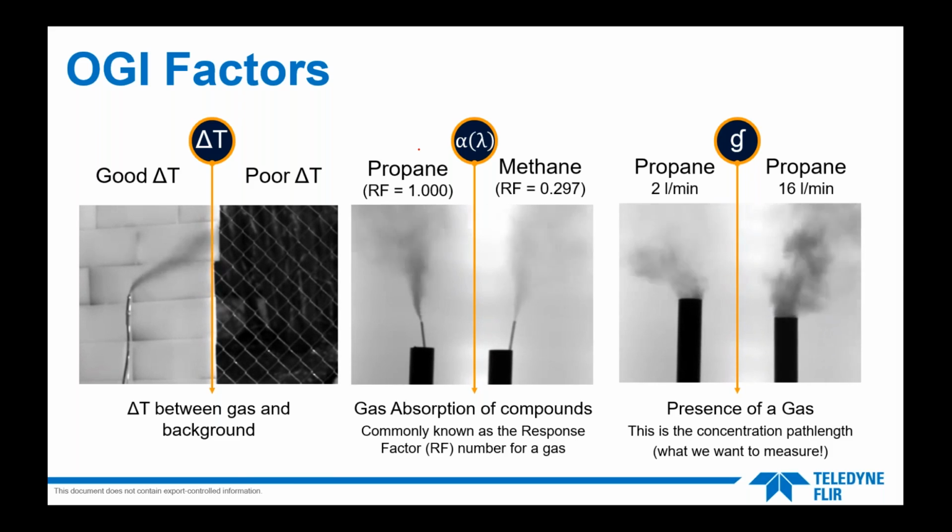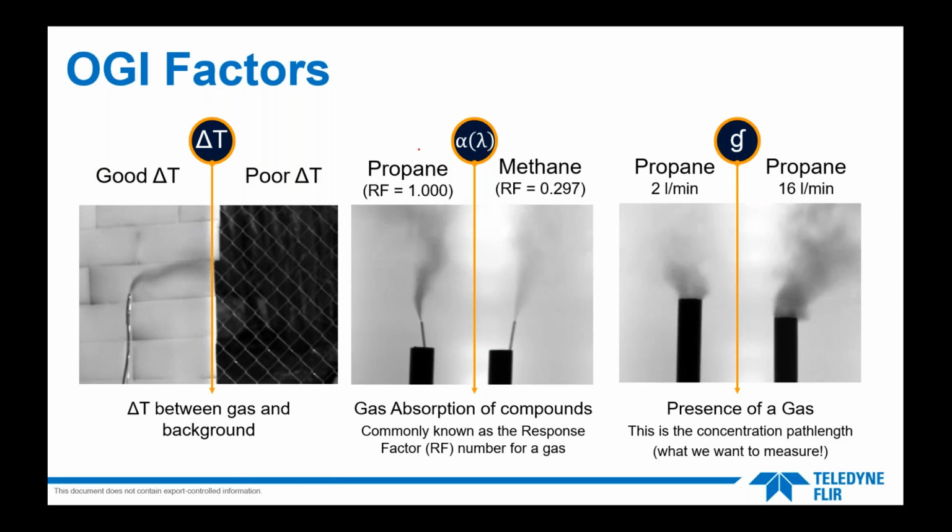So in this middle video here, the actual release rate for both of these gases is exactly the same, but the methane appears to be smaller than propane because, of course, methane has a response factor of approximately 1/3 of propane. So again, these response factors are very important when it comes to quantification.